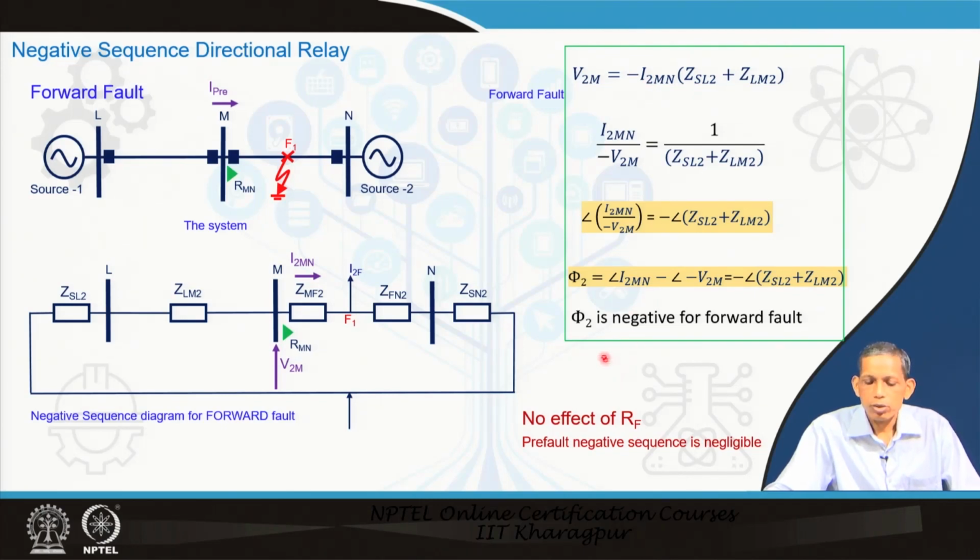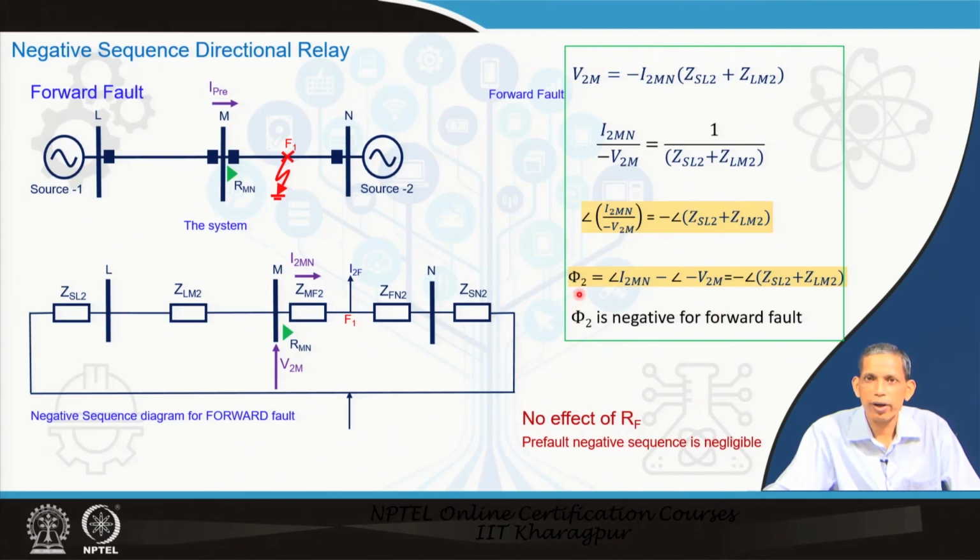So, what we see from this is that in this network we do not have any ZF or RF. So, these relations which we have narrated here are independent of RF.